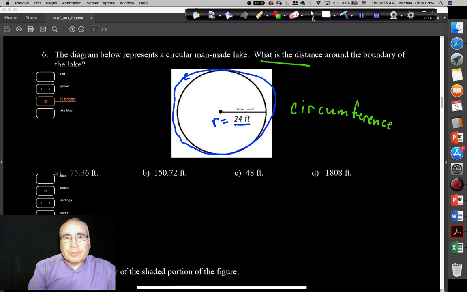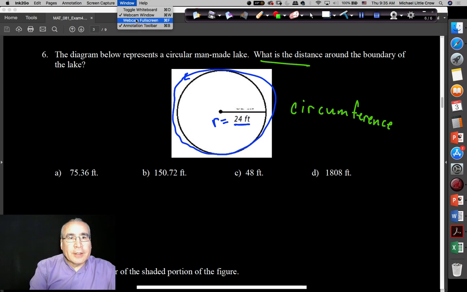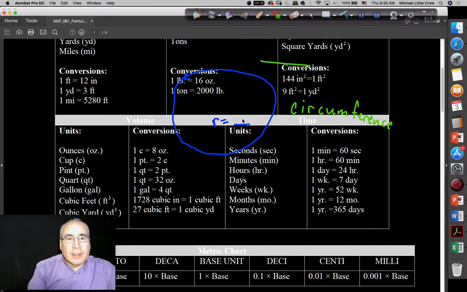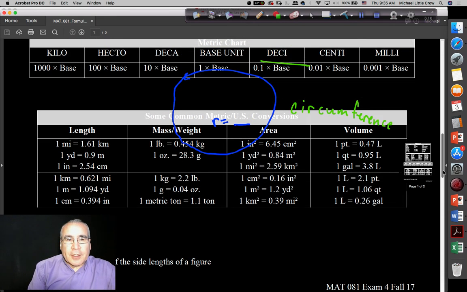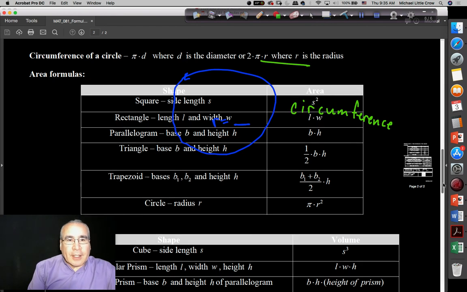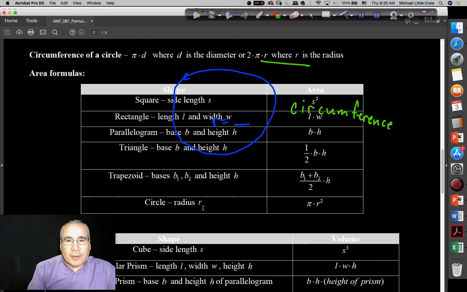But with circles, we go to our formula. And where we're going to go is to the second page. We have our shape formulas. And let's see, we've got circle with radius r. These are ones for area.